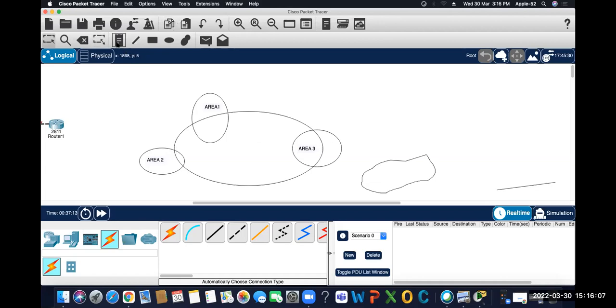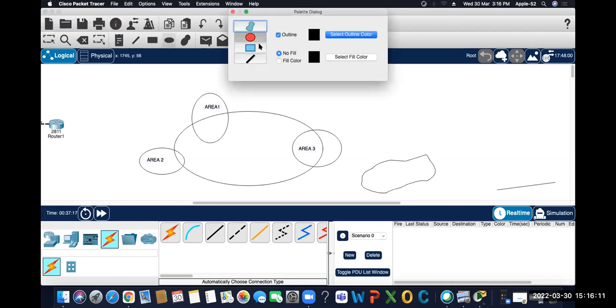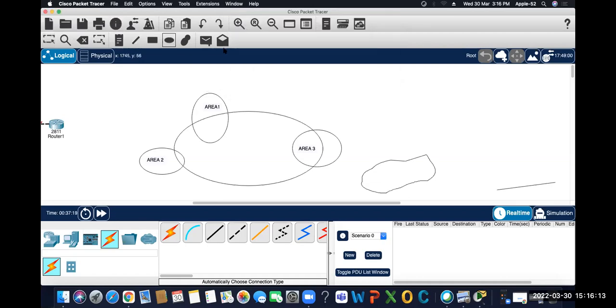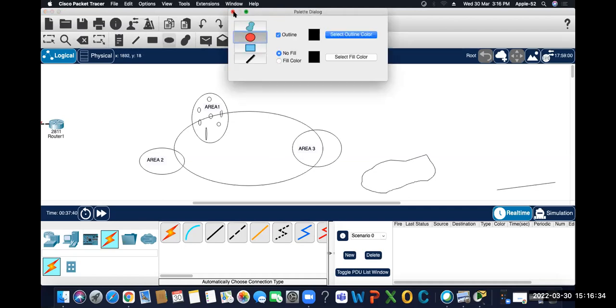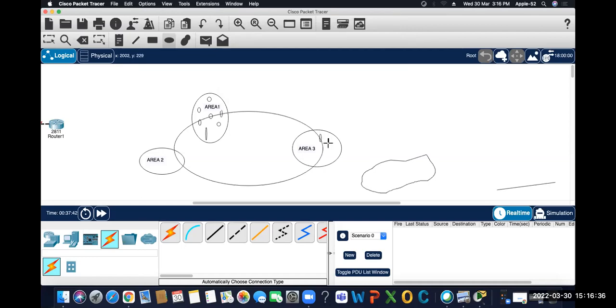Now these areas have different routers or networks in them. That means there are many routers in an area. In Kashmir, there will be many towers, mobile towers, and obviously these towers are backed up with routers. So there are many routers in one area. Similarly, there are also many routers in other areas.